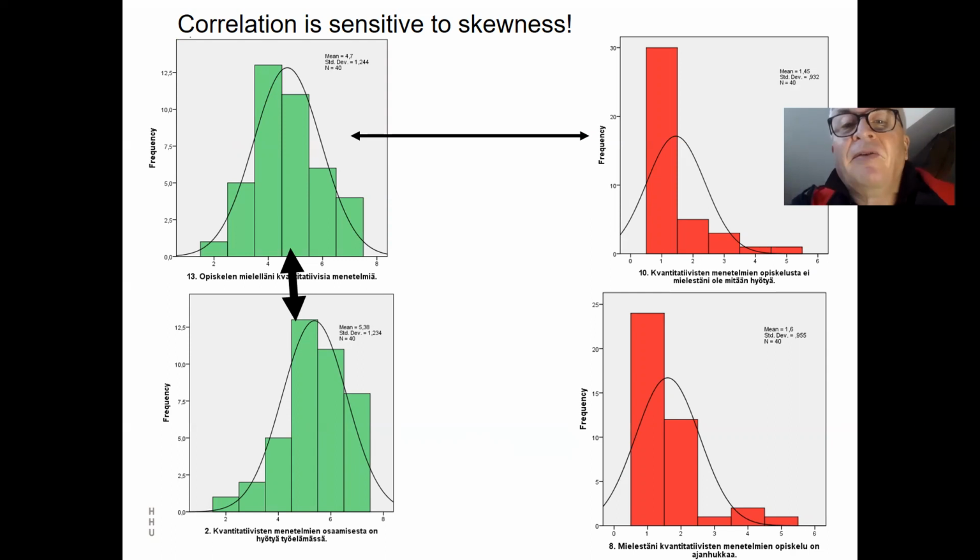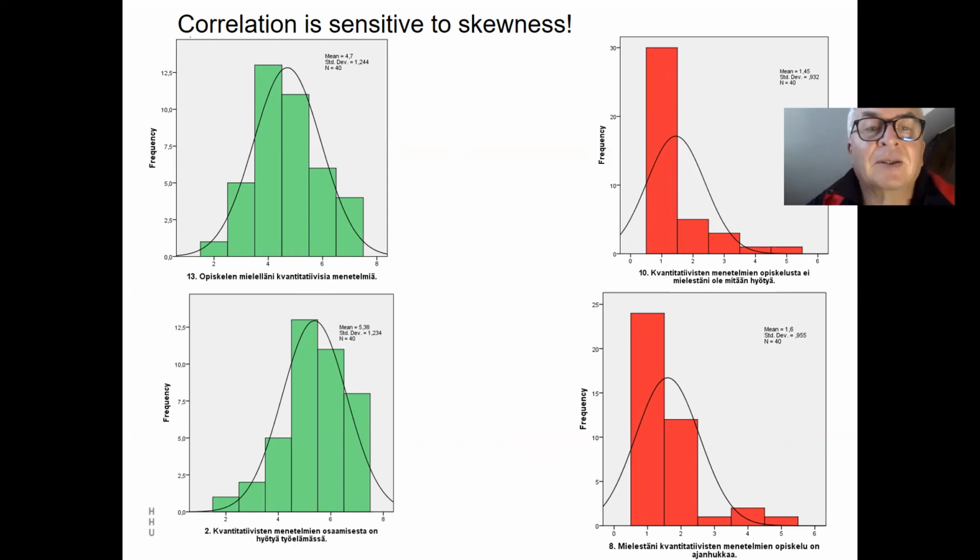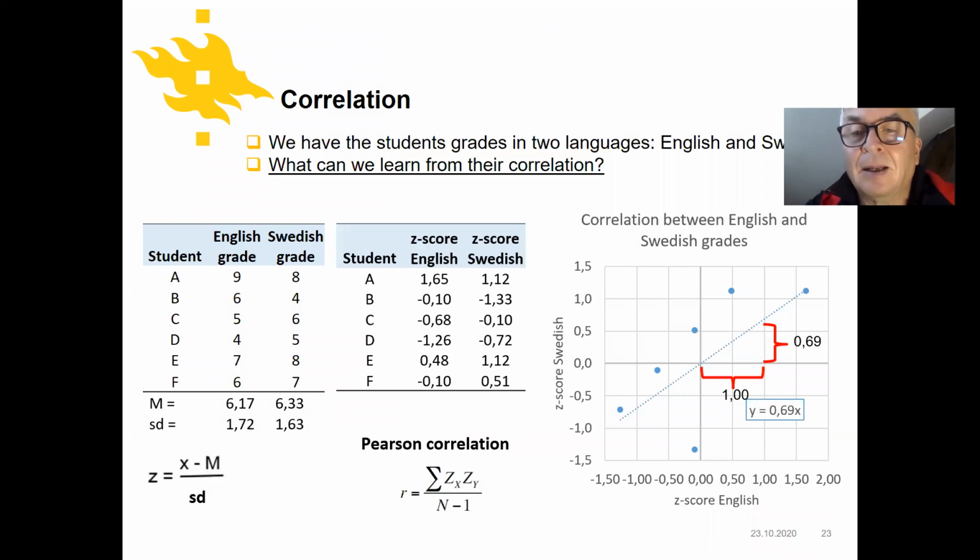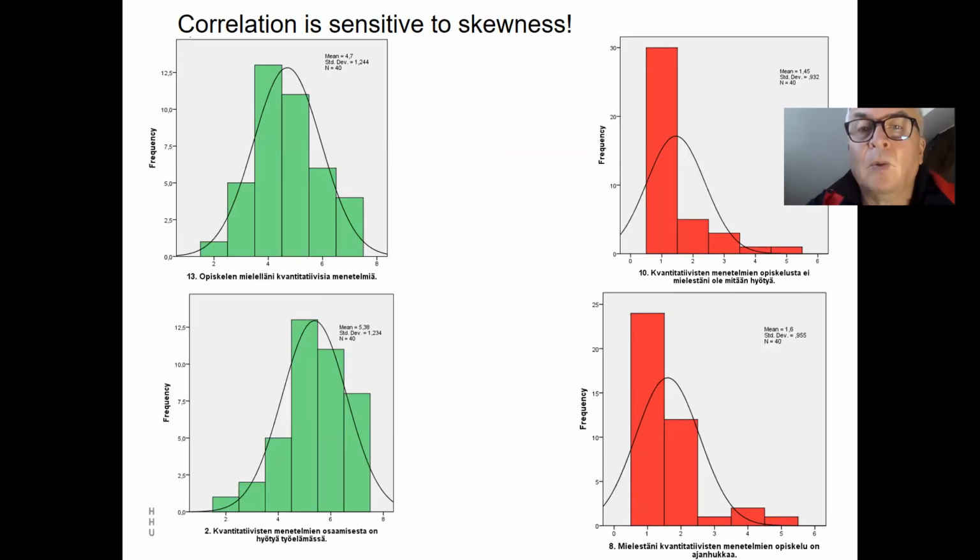But if you have a very skewed variable and a normal variable, you can try it out. But if you try to make the cases fit into the previous kind of picture here, with the very skewed situation, then you run into trouble, because there are a lot of cases here, very few cases here.